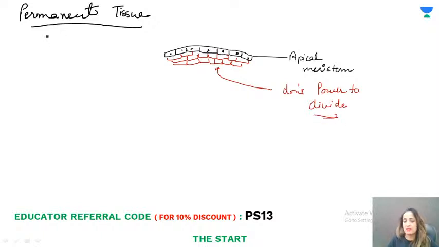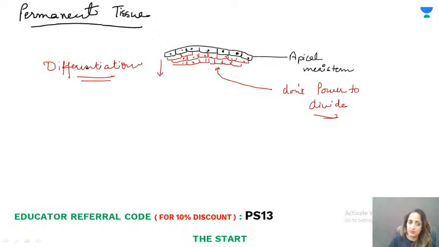But what is the function of these tissues? I'm sorry, they all have nucleus. Don't think that they are without nuclei. So what are they doing? They undergo a process called differentiation. What is differentiation?